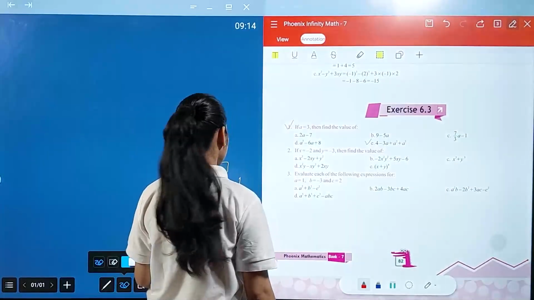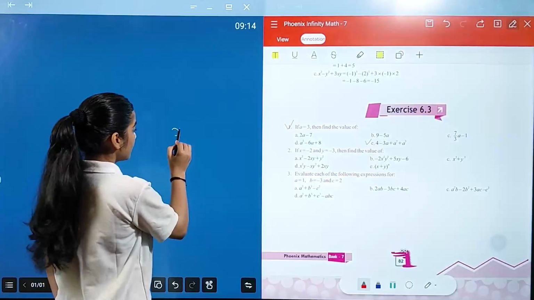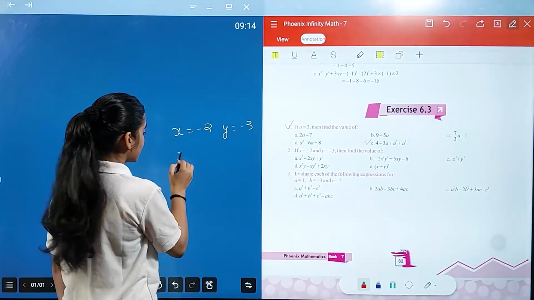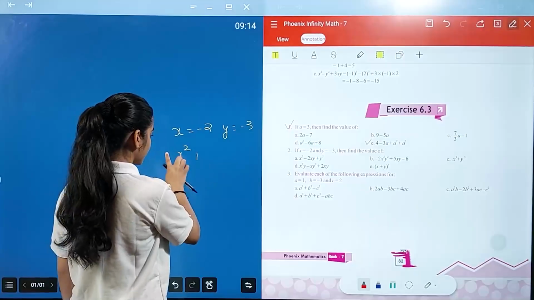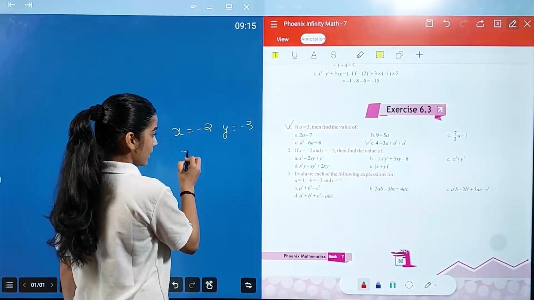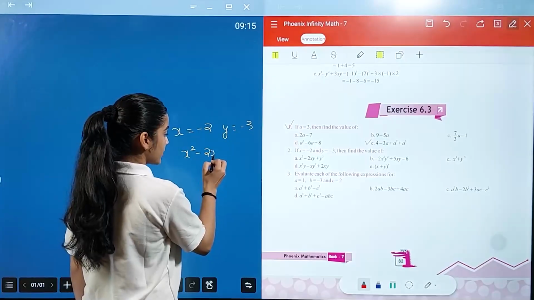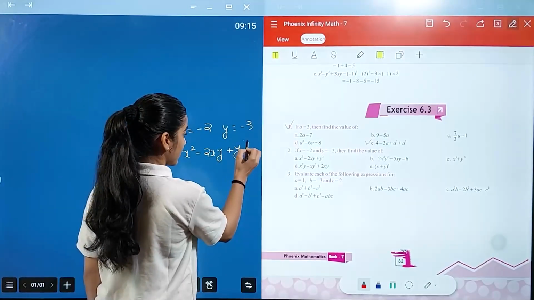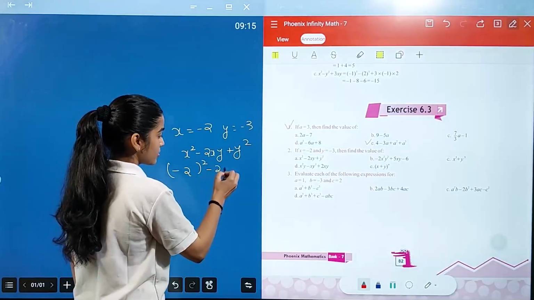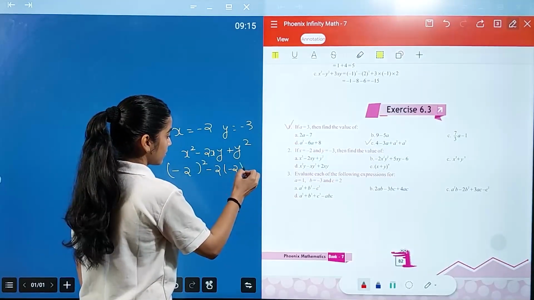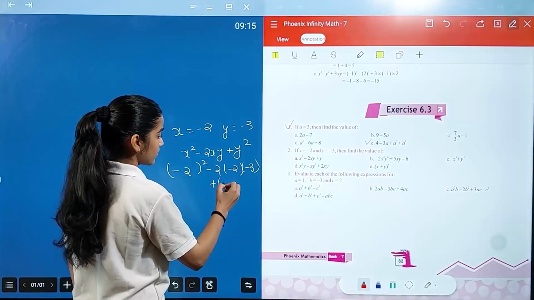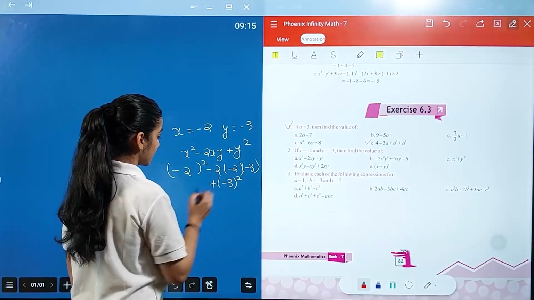Now question number 2, you have values x is equal to minus 2 and y is equal to minus 3. So x square minus 2xy plus y square. So minus 2 square, minus 2 into minus 3, plus minus 3 square.